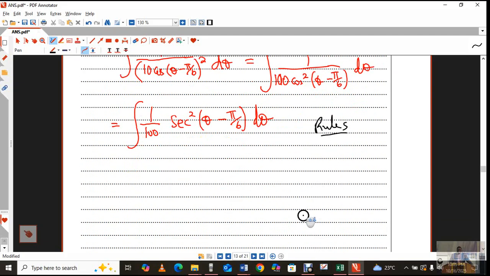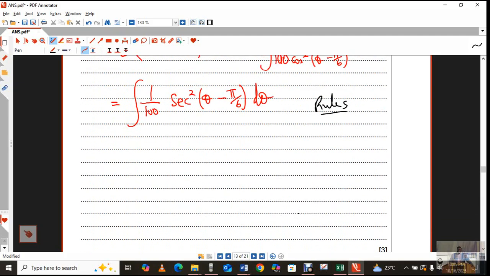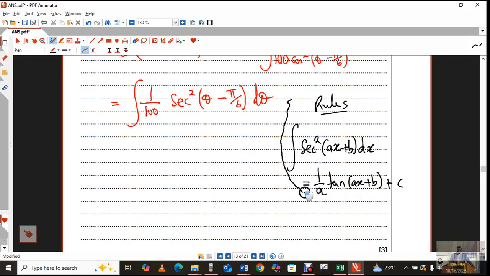What you should know is that if you integrate sec square of an angle AX plus B with respect to X, then it is 1 over A, and the integral of sec square is tangent of AX plus B plus the constant of integration.